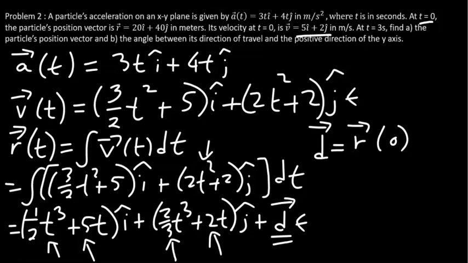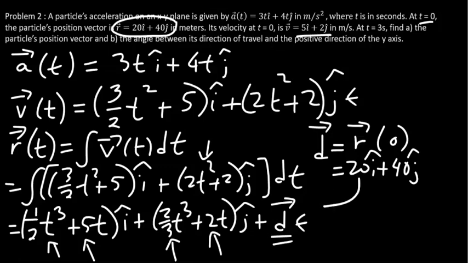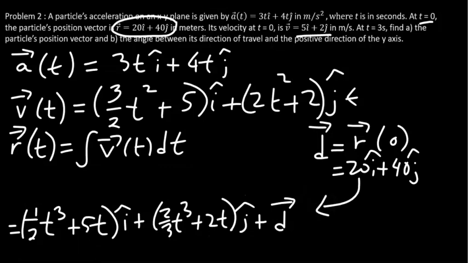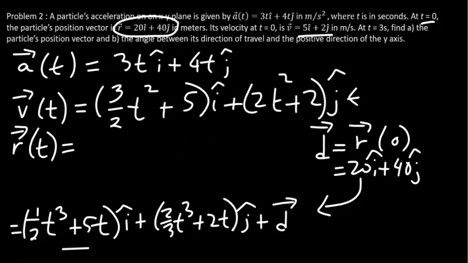And we know what that constant vector is. The value of r at t equals 0 seconds is just that, 20i hat plus 40j hat. Let's substitute that into this equation to get the full expression for the position vector at any time t. Let's write it over here. Grouping the x components, it's half t cubed plus 5t.